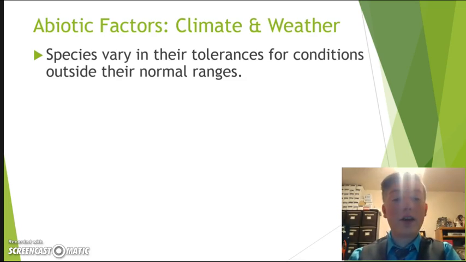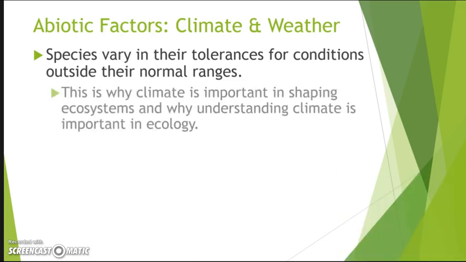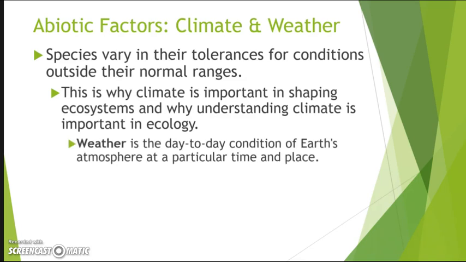Just like your common houseplants or rainforest plants wouldn't be able to survive in the desert, but cactuses can because of those different conditions. So this is why climate is important in shaping ecosystems and why understanding climate is important in ecology. A lot of this should be reviewed for you guys that took Physical Earth or Accelerated Physical Earth or whatever, but we're going to go through it just briefly.